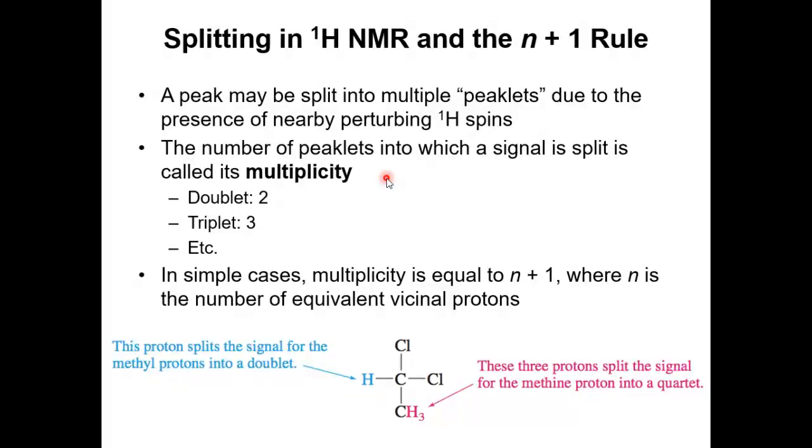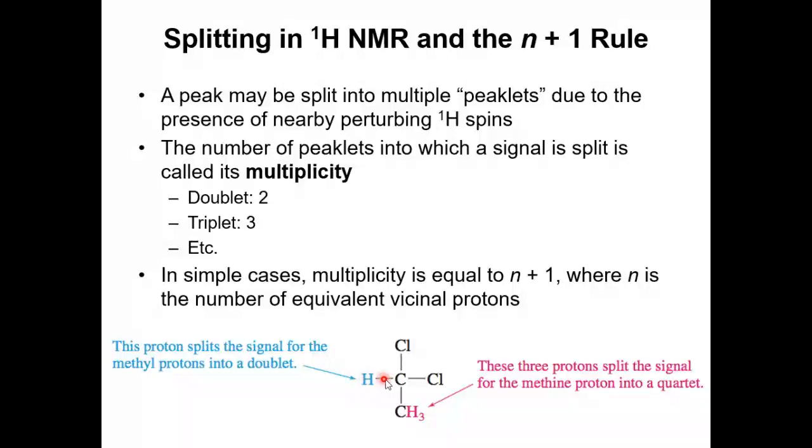Okay? So in the simple case, multiplicity is equal to n plus 1. What does that mean? It means that n is the number of equivalent vicinal protons. Like in this example, if you are looking at the signal of this blue proton and want to know how many lines it will have, just count the number of its vicinal protons.